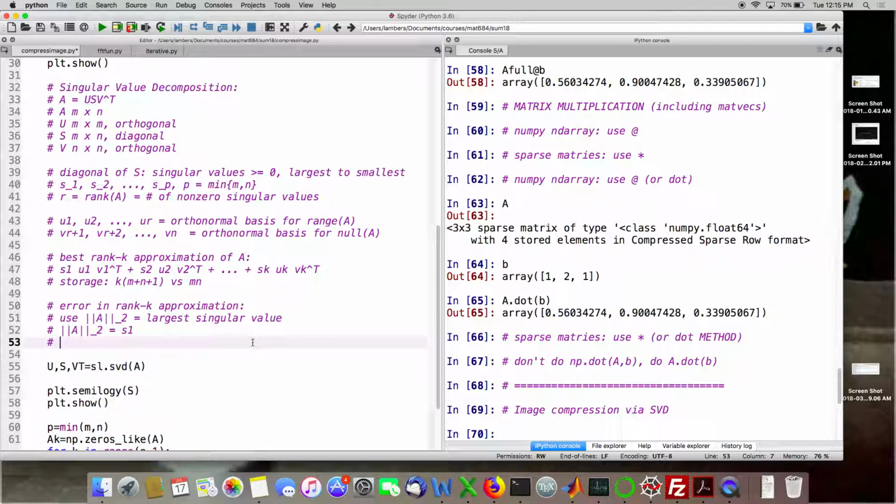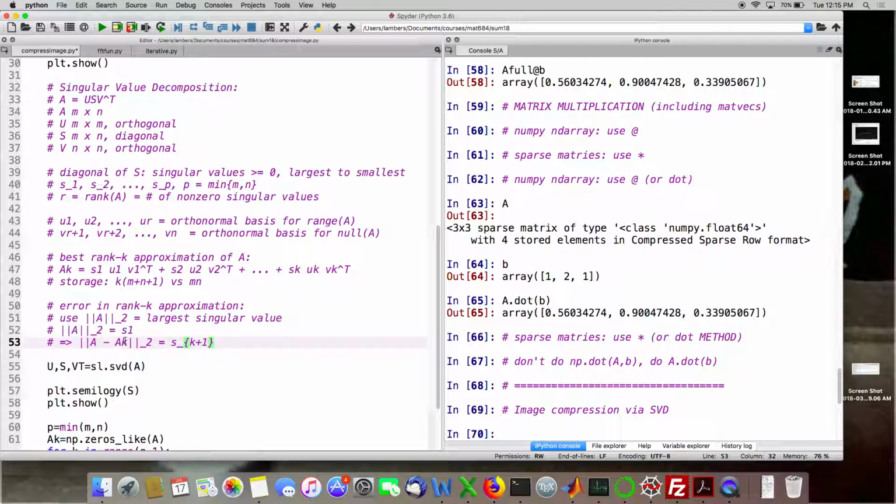So that means that the 2 norm of the error, A minus A_K, where I'll label A_K as the rank K approximation, is just equal to the K plus first singular value. So that gives some measure of the accuracy. This would be like the absolute error in this rank K approximation. Or you can divide this by S1, so then you get relative error: the norm of A minus A_K divided by the norm of A.